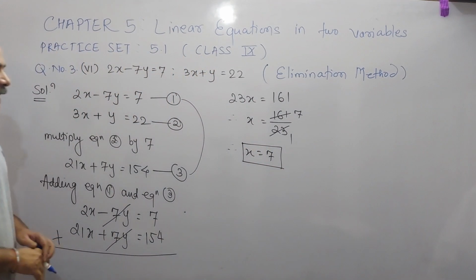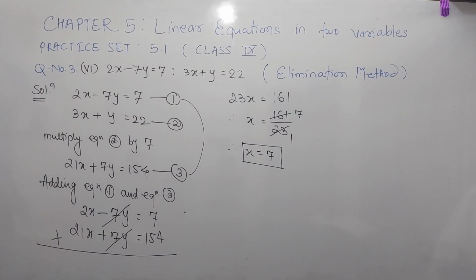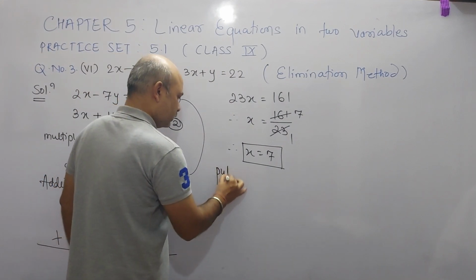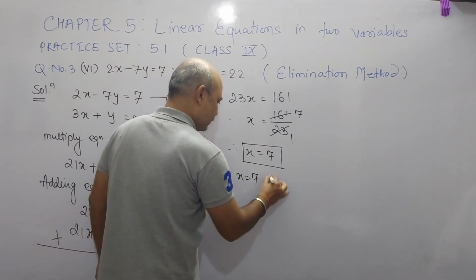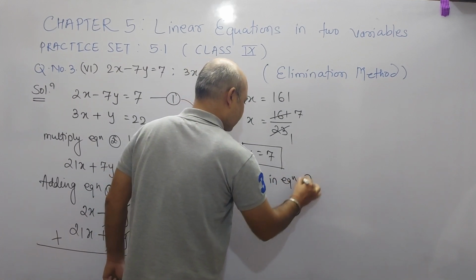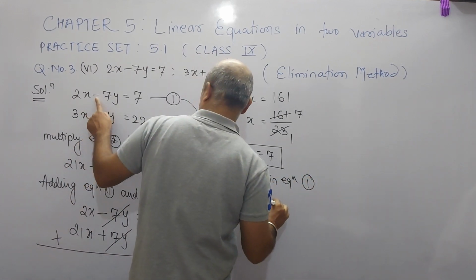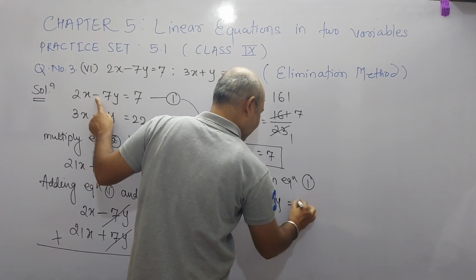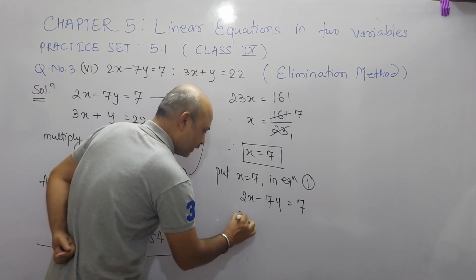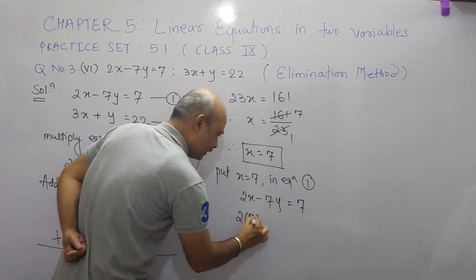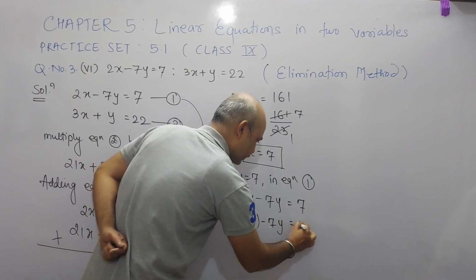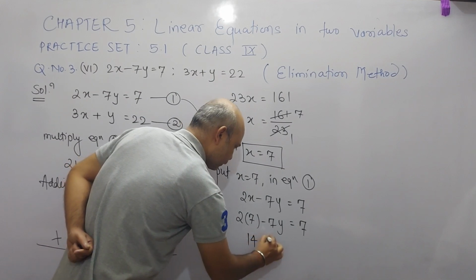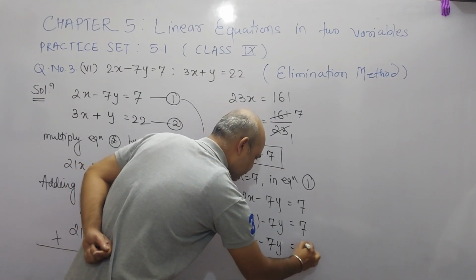Now we'll put the value of x in which equation? 1 or 2? 1. So put x is equal to 7 in equation 1. What is equation 1? 2x minus 7y is equal to 7. So now we'll write 2 times x, x is 7, minus 7y is equal to 7. 7 twos are 14. 14 minus 7y is equal to 7.